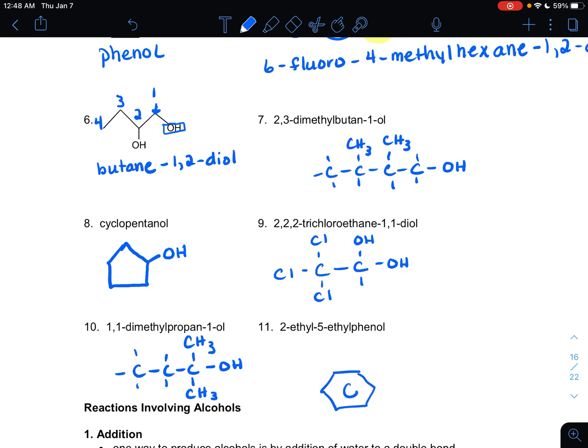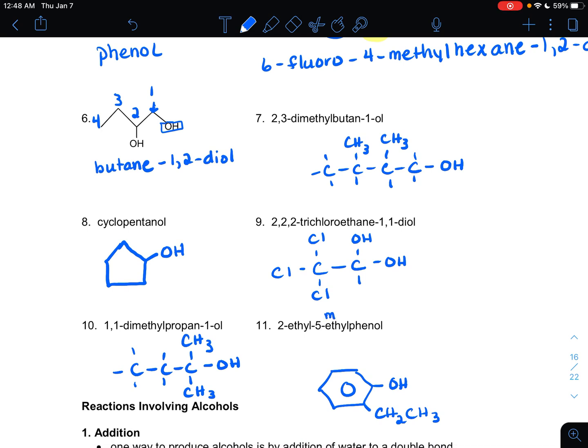So benzene ring, that OH is in carbon number 1. So ethyl, oh, I think I meant 5-methyl, by the way. That makes no sense otherwise. 2, 3, 4, 5. Okay, 5-methyl phenol. Okay.